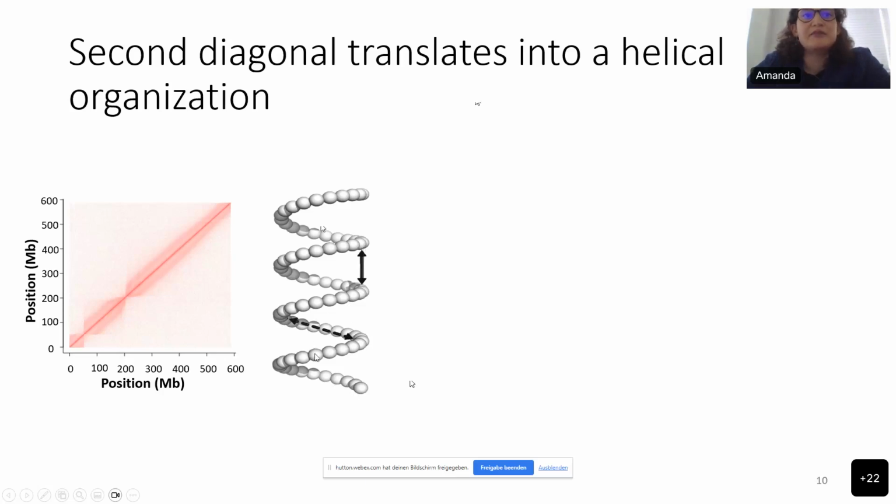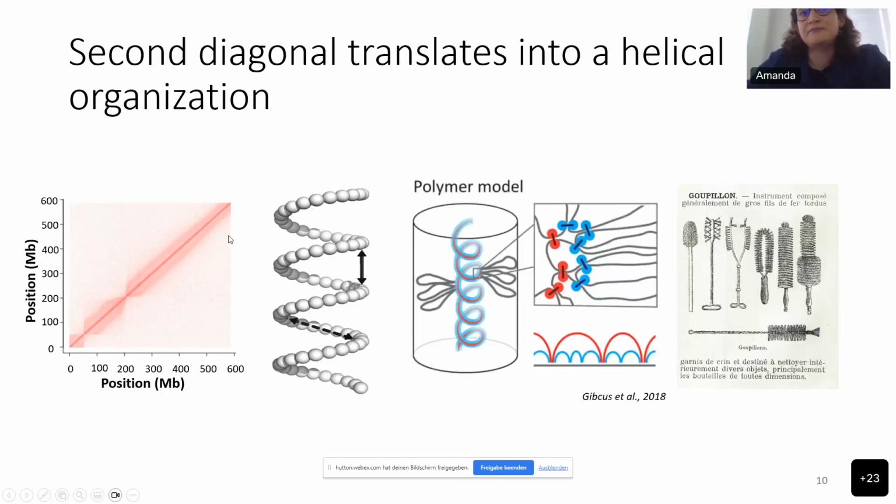And this happens periodically along the entire chromosome. So we see that there is a pattern where the distance between sites that are distant, separated by this number of bases, they always come together again in this helical pattern. So that's why we see a wider space between the two diagonals and then a strong signal again.